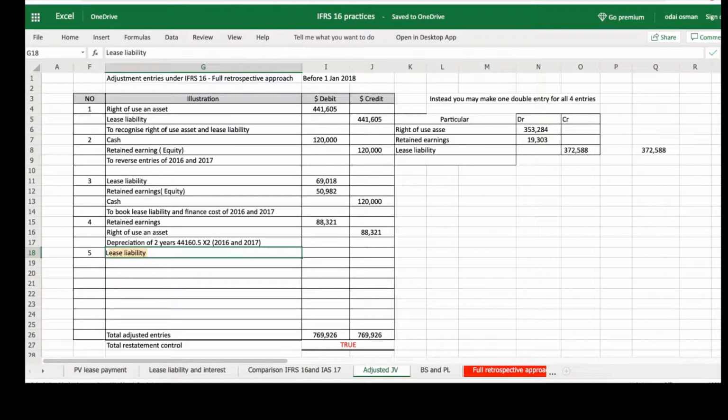So our lease liability would be decreased, and we have the interest charge, and in the debit side we have the depreciation. Depreciation, 31st December 2018.